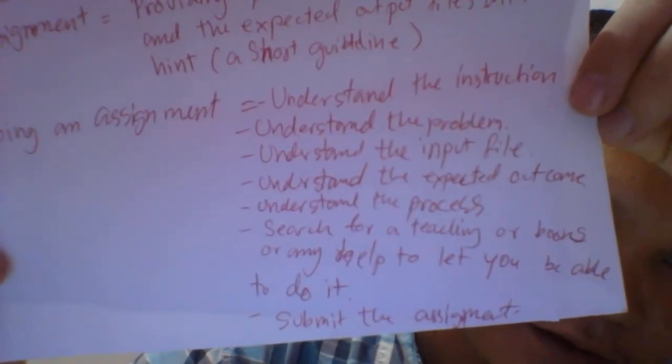I will read it to you. First, you have to understand the instruction, because we have written the instruction, with the aim we expect you to achieve. Then try to understand the problem. What is the problem about? Understand the input file. What are the resources that we give to you?